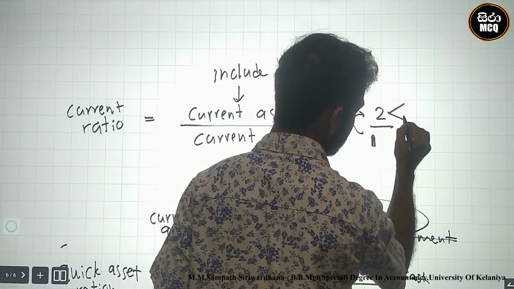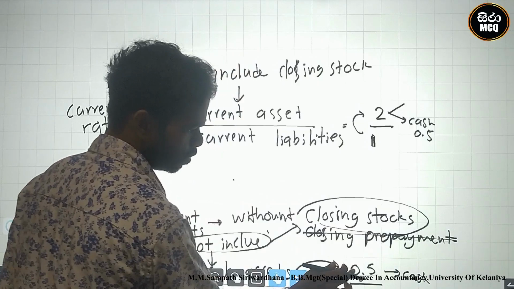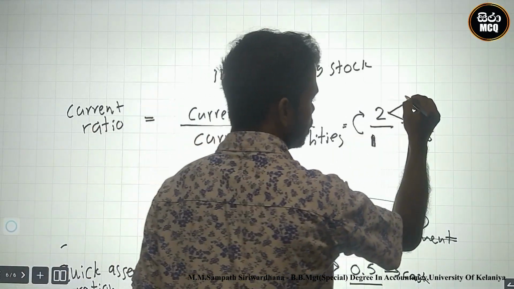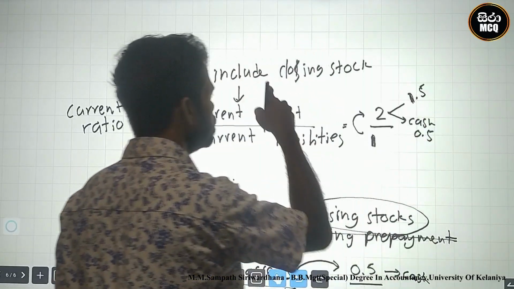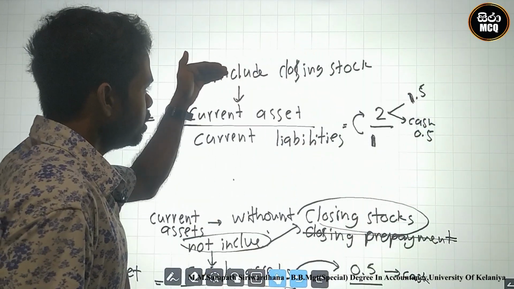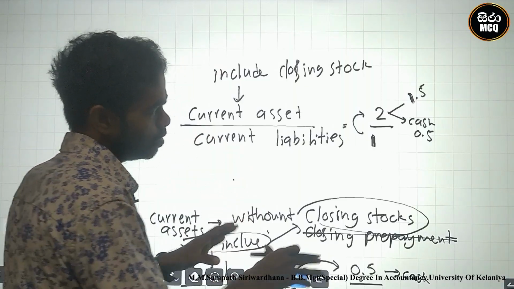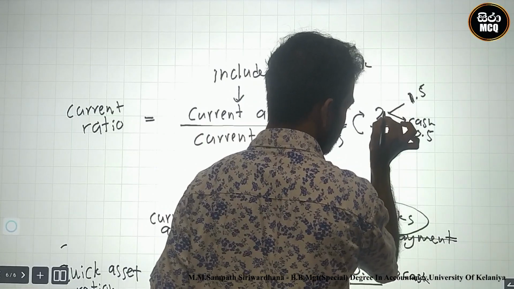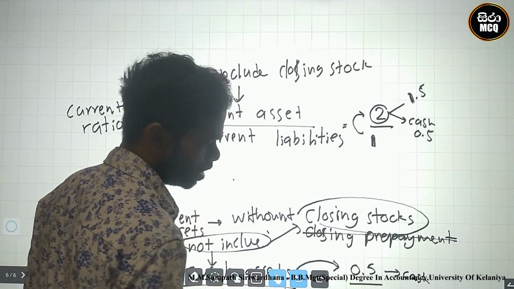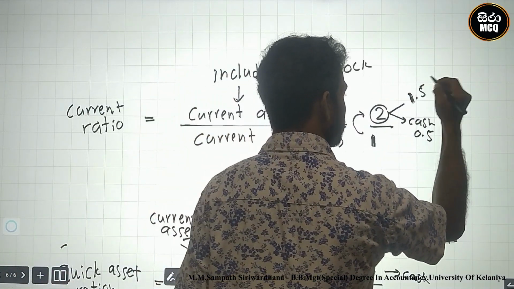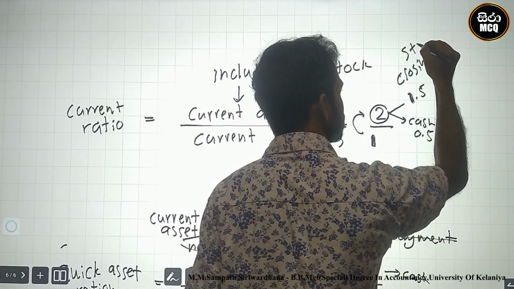Therefore, we can think the 0.5 is cash. And what is the remaining 1.5? Closing stock. The 2 is made up of 0.5 cash and 1.5 closing stocks.